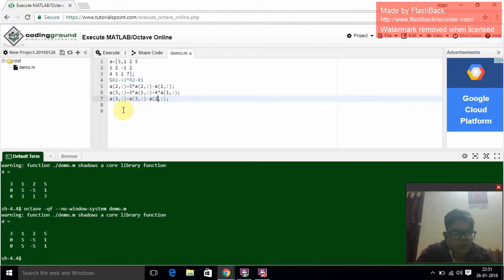See, I have subtracted all the elements of the third row with the elements of the second row, and now I've got this triangle of 0s, and that is what we want in row reduction.